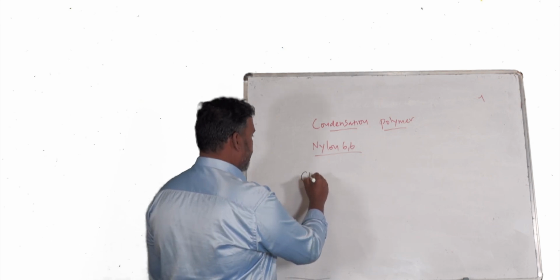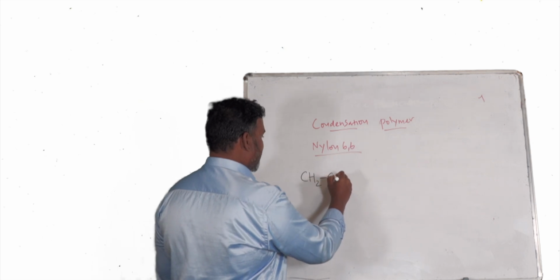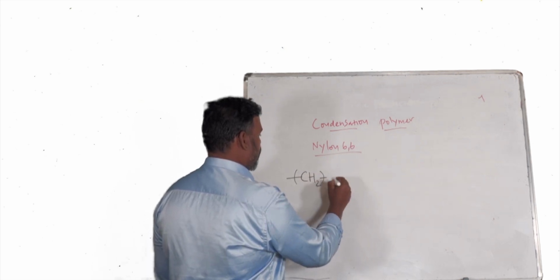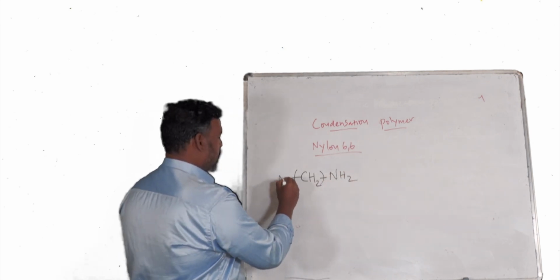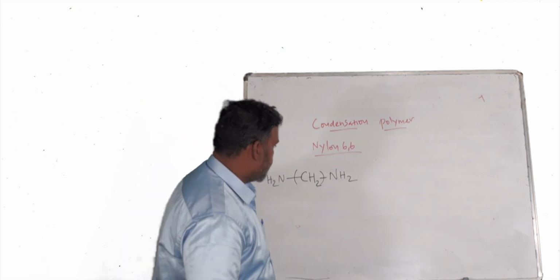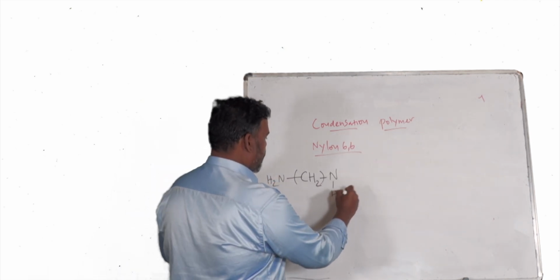So you're having adipic acid. I'll just draw the structure of hexamethylene diamine. So this is the structure of hexamethylene diamine. You're having NH2. For our convenience, I'm going to draw it in a different way so that we can write the monomer structures.